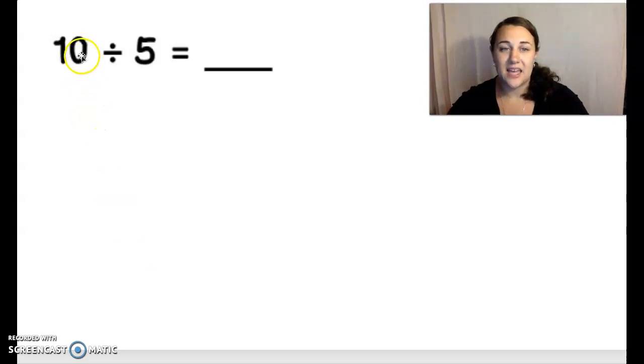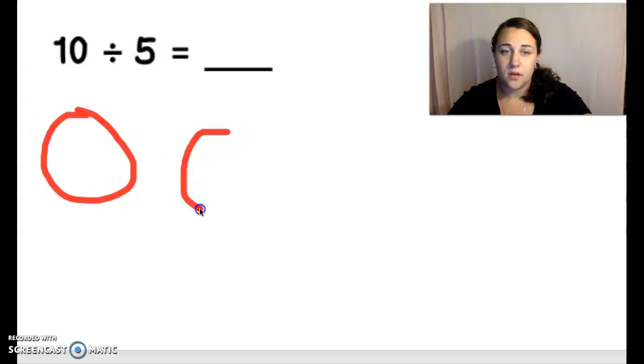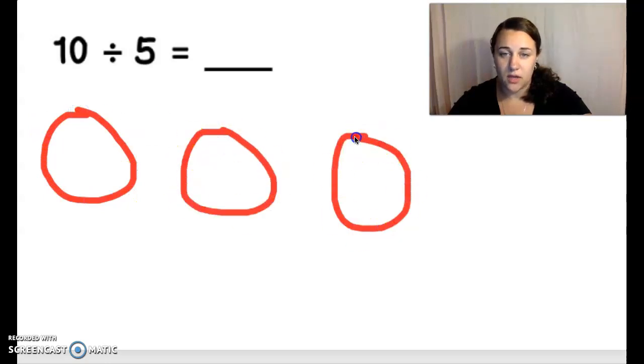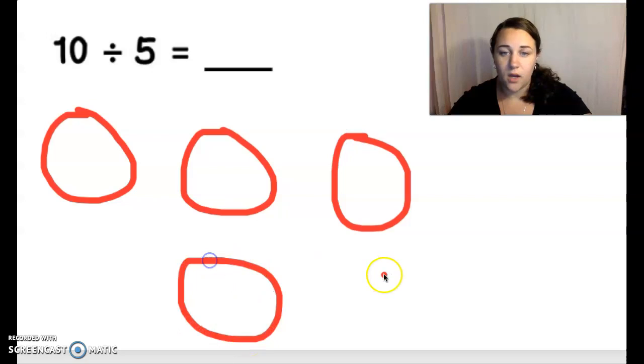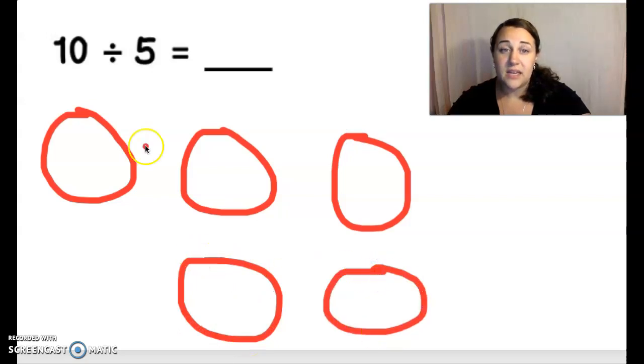All right, so let's do another one. Now I have 10 divided by 5. Right away, 10 is my dividend. That's the number that needs to be divided equally. 5 is how many equal groups I need. So I'm going to make 5 groups: 1, 2, 3, 4, 5. Now I have to divide that 10 equally.